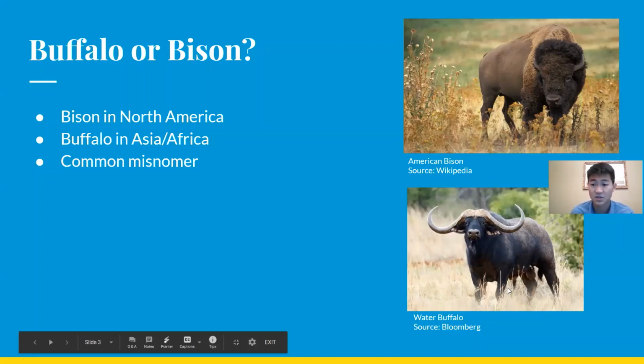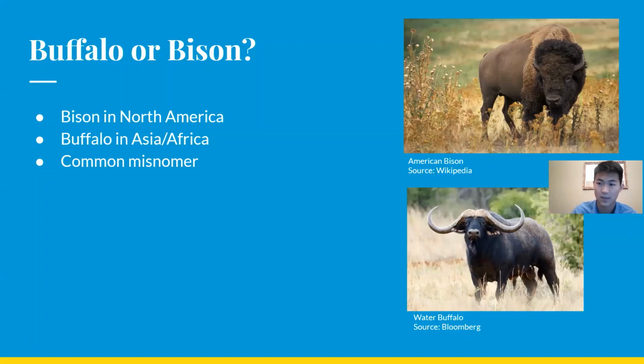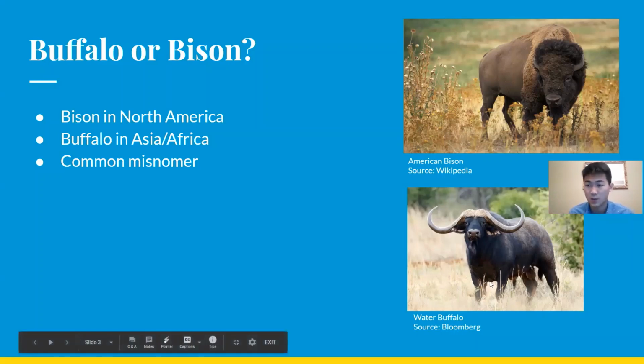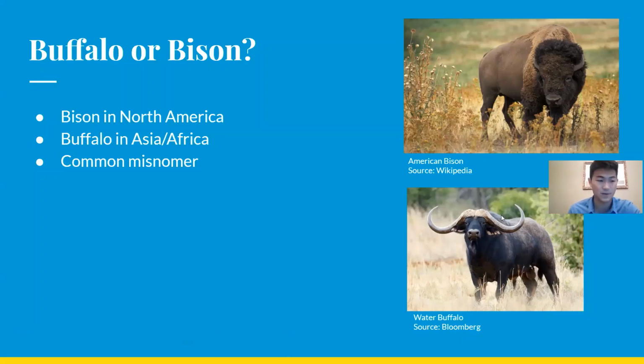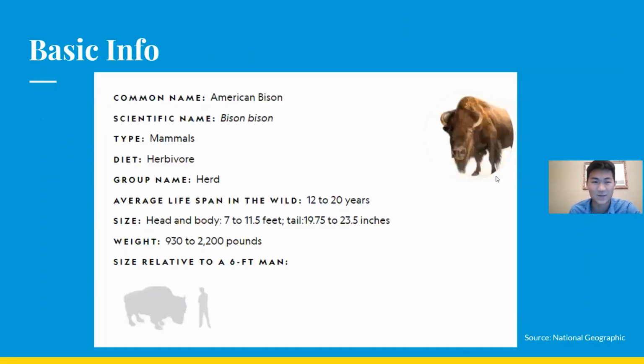A common misnomer is when you call something the wrong name, but it's very common so people understand what you're talking about. The correct name for the animal on the top is bison, and the animal on the bottom is buffalo. Buffalo live in Asia and bison live in North America. But it's okay if you call bison buffalo. We get what you mean.